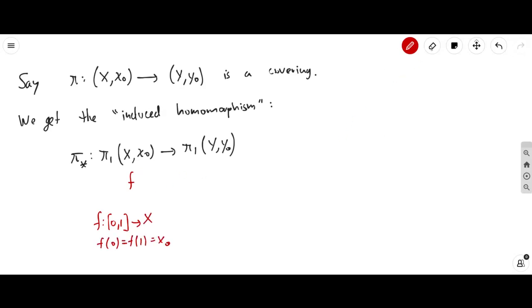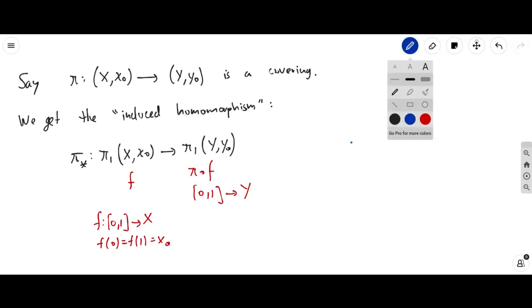The way you get a loop in the cover is you project it, using the covering pi. So you will get pi composed with f. This is now a mapping from 0, 1 into y, because f takes you from the interval to x, and pi takes you from x down to y. And because the base point goes to the base point, this will be a loop in the base.